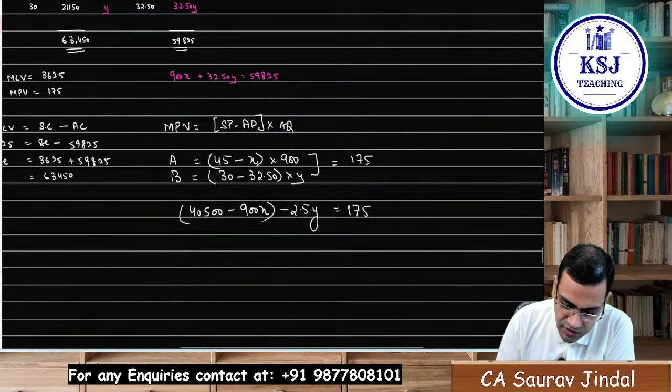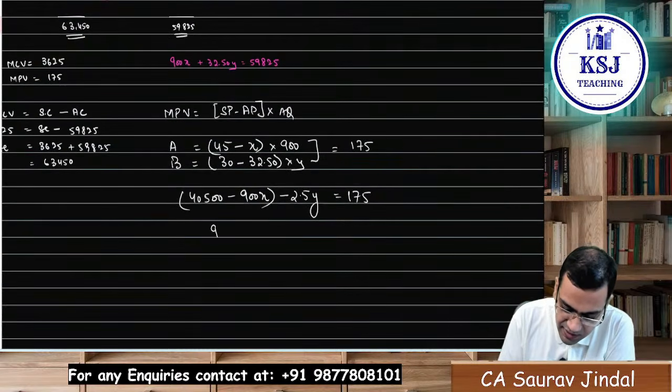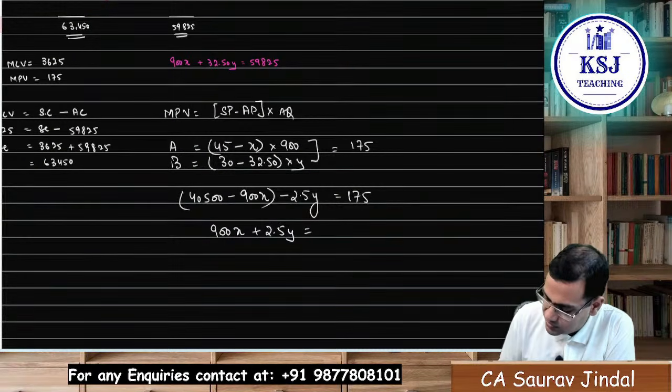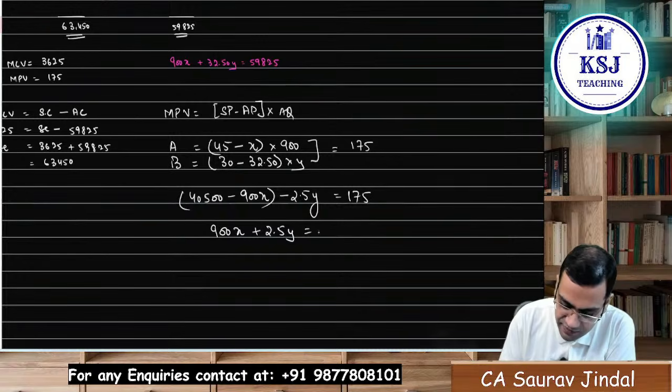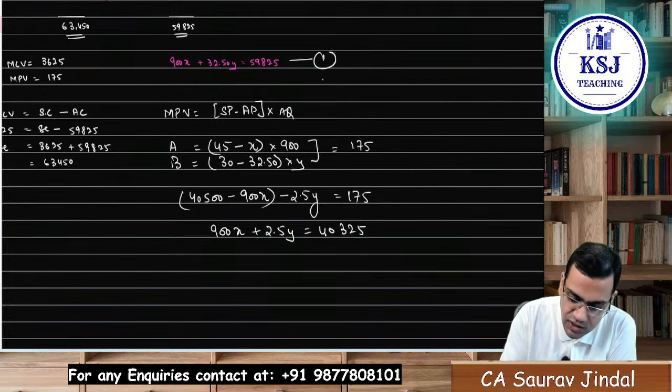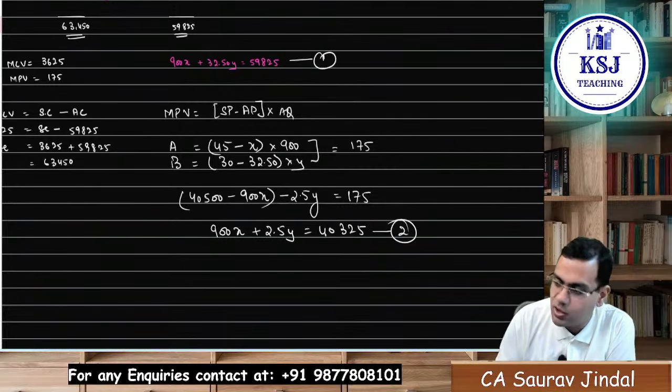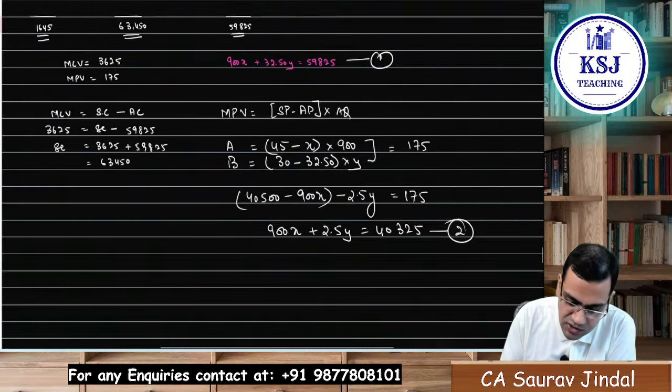That is 900X plus 2.5Y is equal to 40,500 minus 175, that is 40,325. So this is equation number 1, this is equation number 2. Now we have to solve these two equations.